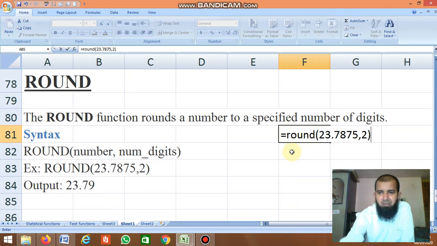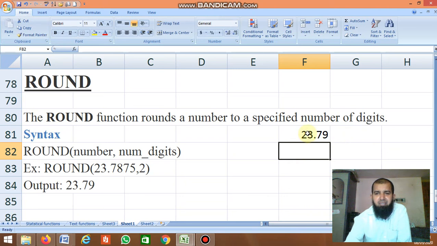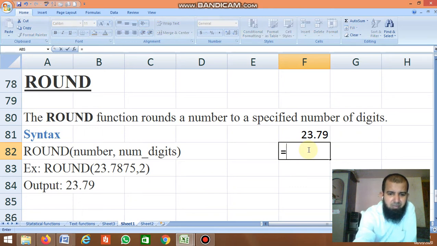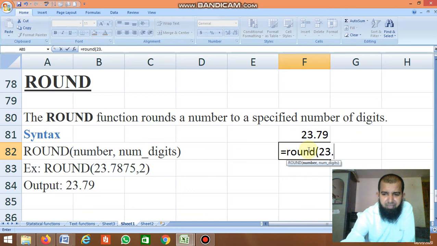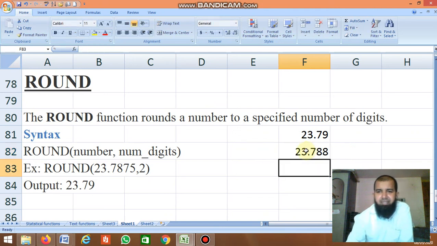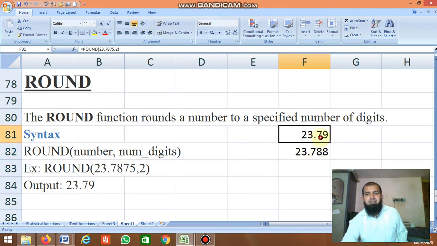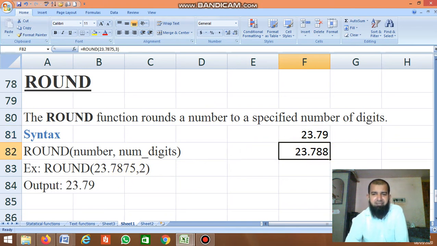It rounds to 2 decimal places, that is 23.79. If you take round of 3, equal to round of 23.7875 comma 3, it takes 3 decimal points. If you write 2, it takes 2 decimal points. If you write 3, it takes 3 decimal points. Clear, no? It makes a round figure.